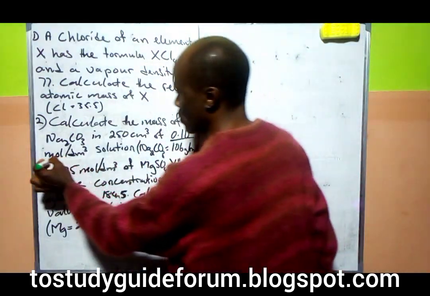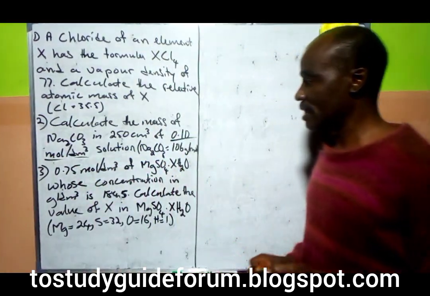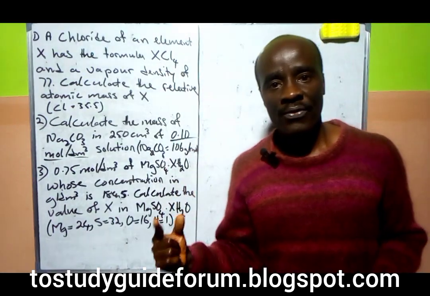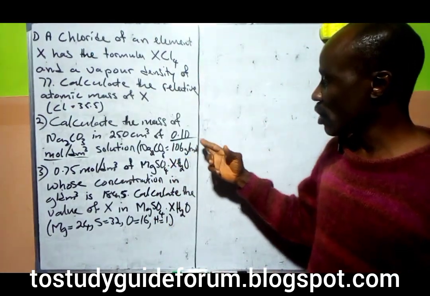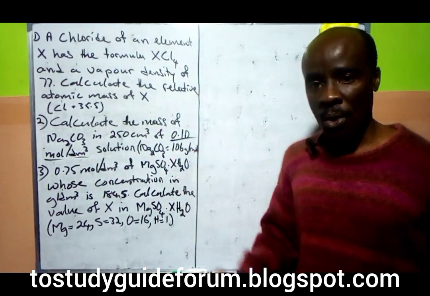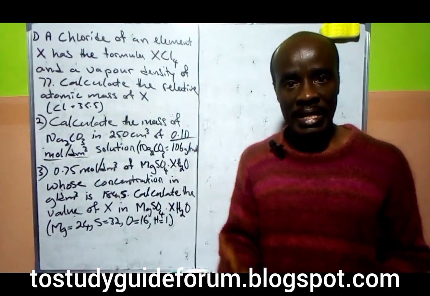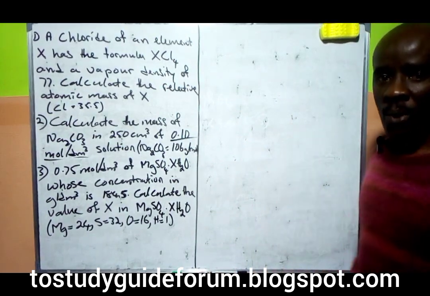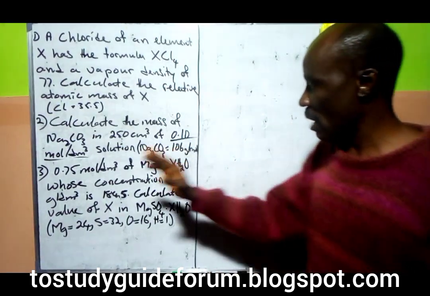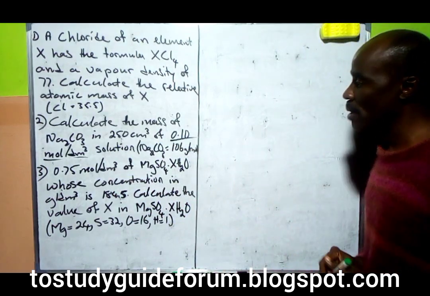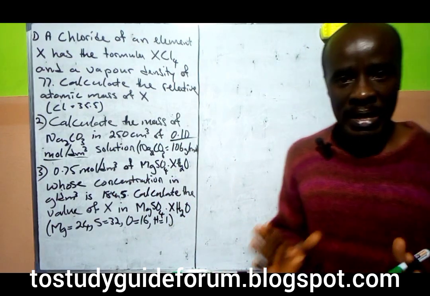This means that in 1 dm³, the molar concentration of this sodium carbonate is 0.1 mole. That is, 1 dm³ contains 0.1 mole. Now there are two methods I can use to solve this problem, which I will go through quickly so that we'll be able to apply the one that is best for us.